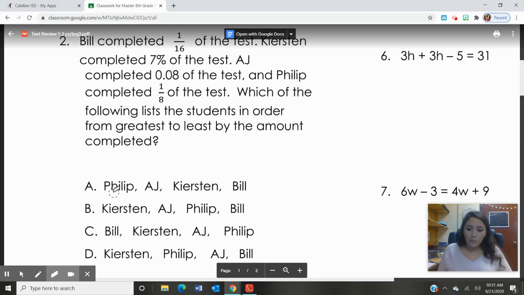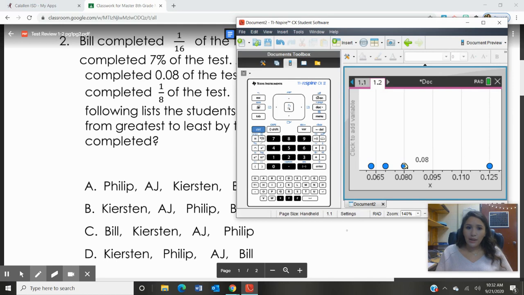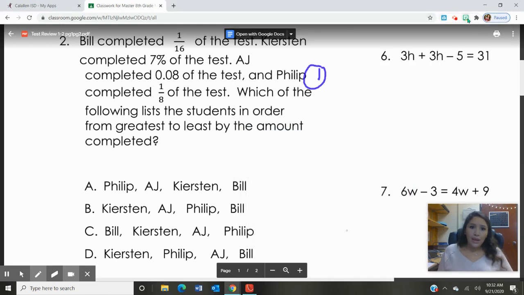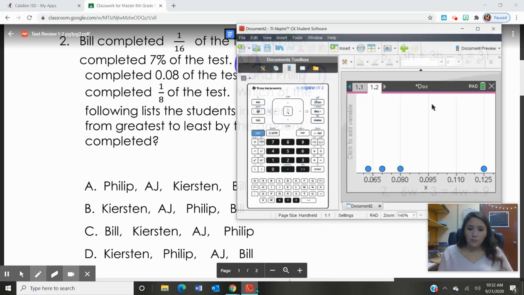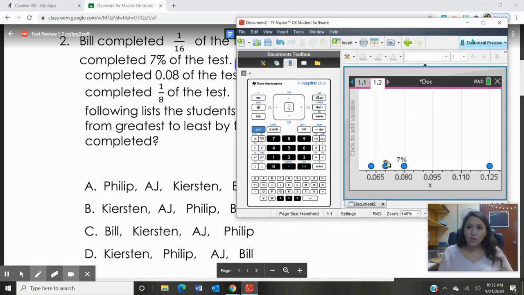So right now, Philip is my first person. Next, I need to look at this one, and that is 0.08. So AJ is my second person. And then I have 7%.